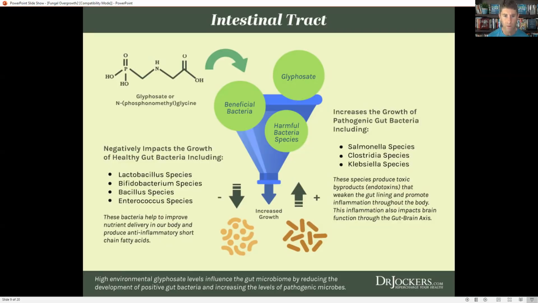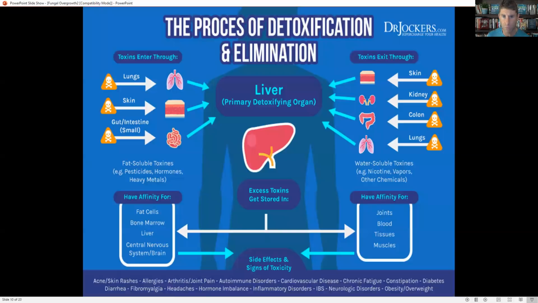These are the bacteria that do a great job of producing short-chain fatty acids. And instead, it increases pathogenic bacteria like Salmonella, Clostridia, Klebsiella. They produce a lot of endotoxins, which weaken our system. And it also favors Candida, yeast, and other fungal overgrowth. So, got to reduce the amount of glyphosate we're being exposed to.